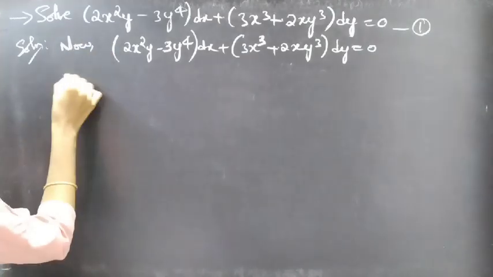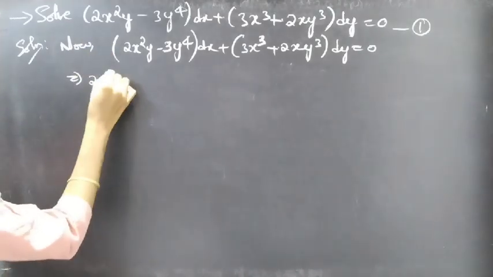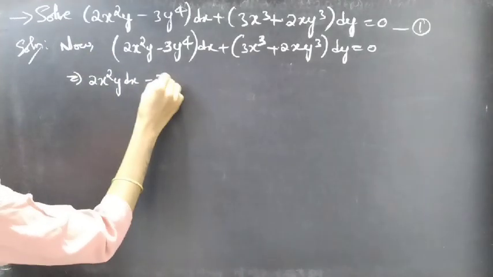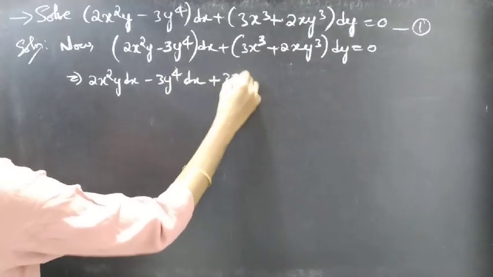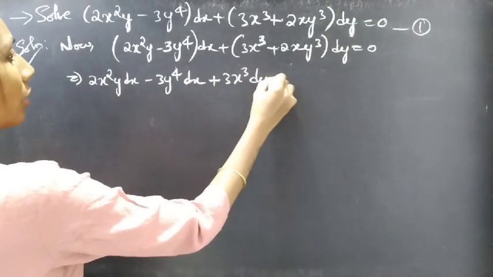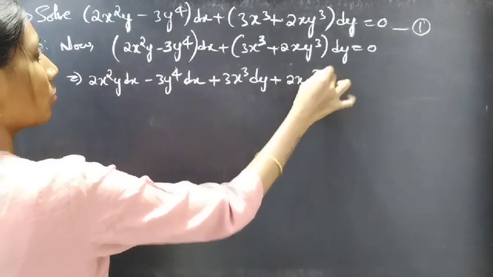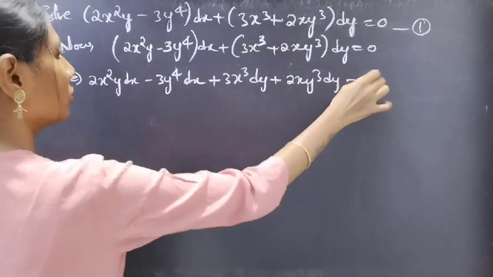Now we can write the given equation as 2x square y dx minus 3y power 4 dx plus 3x cube dy plus 2xy cube dy equal to 0.